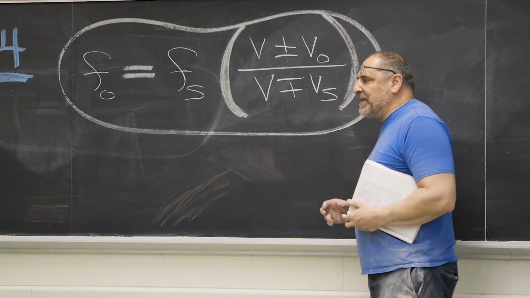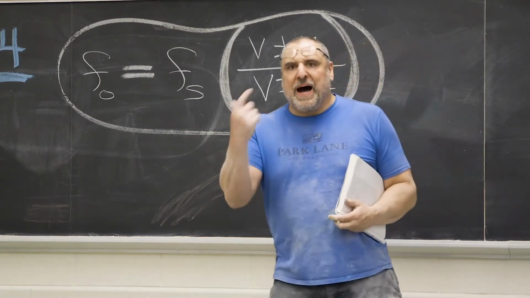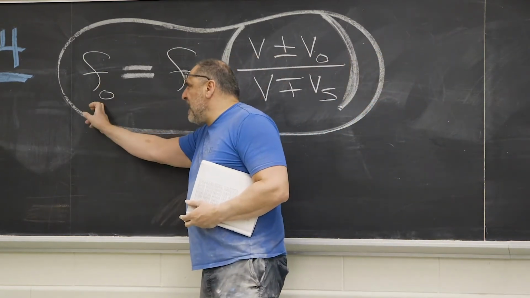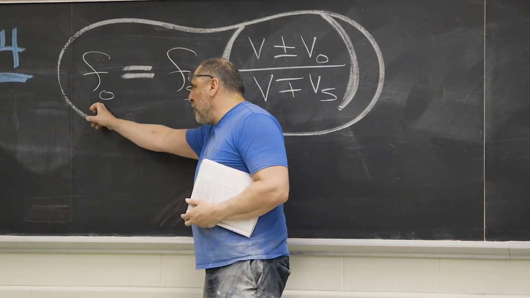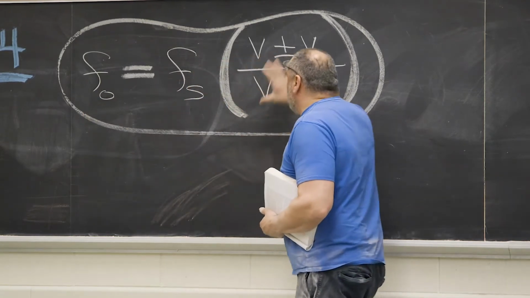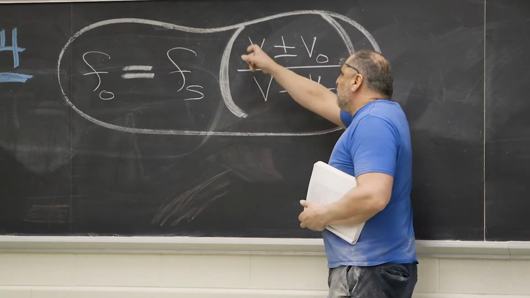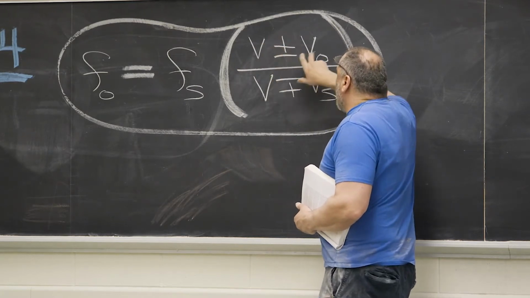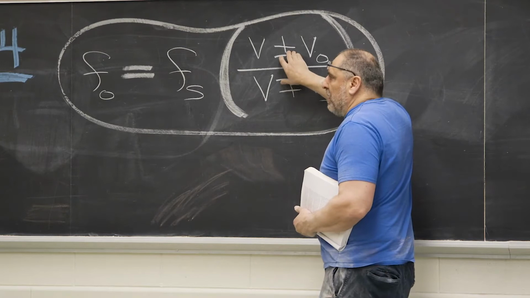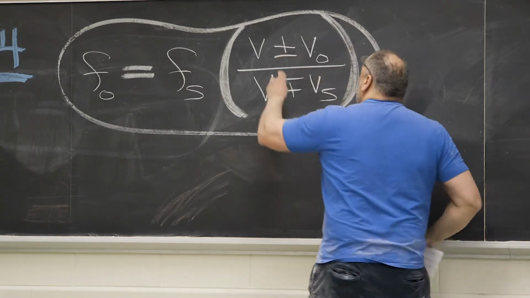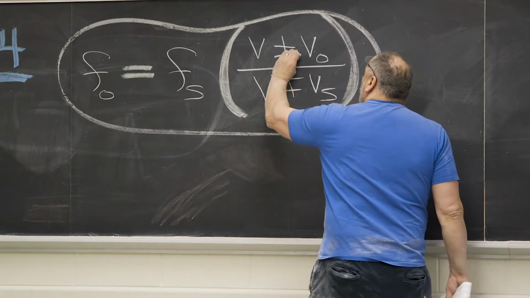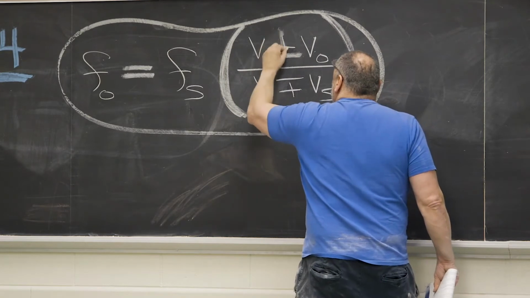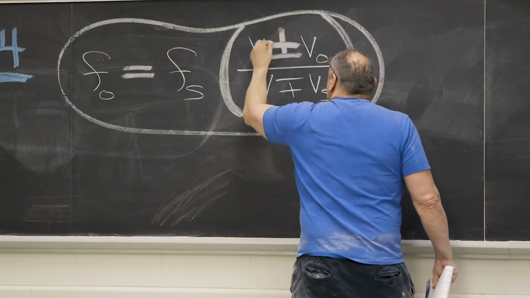I'm making all velocities, all magnitudes positive, which means what? The frequency that you observe is equal to the frequency of the source times this ratio. Now what does this ratio mean? This is the velocity of sound in that medium. If you go plus, the observer is actually running towards the source.